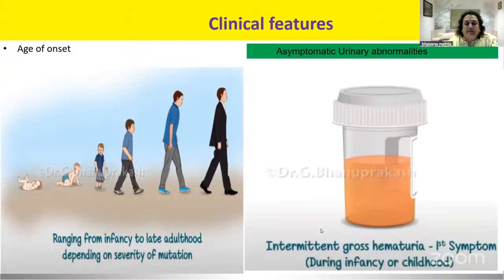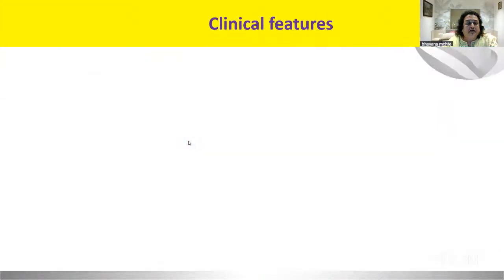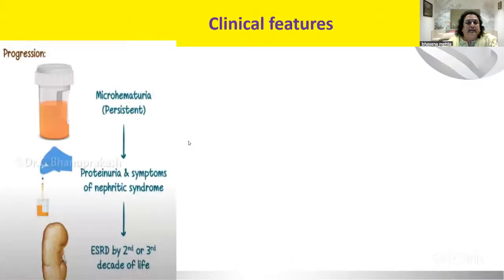Apart from that, there may be intermittent gross hematuria, or patients may first be diagnosed with a hearing problem or vision problem. They progress gradually to microscopic hematuria, which becomes persistent, then proteinuria and symptoms of nephritic syndrome, progressing to end-stage renal disease very early in life, in the second to third decade.